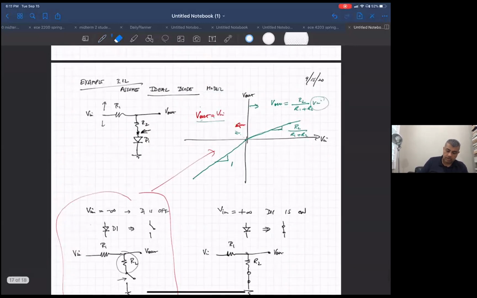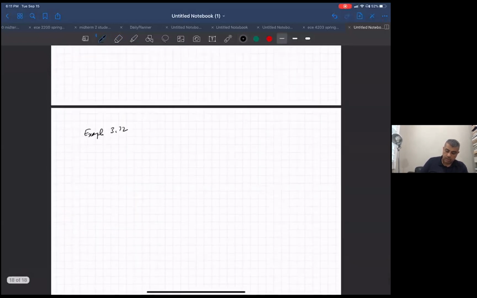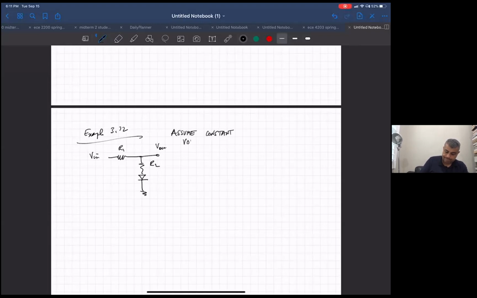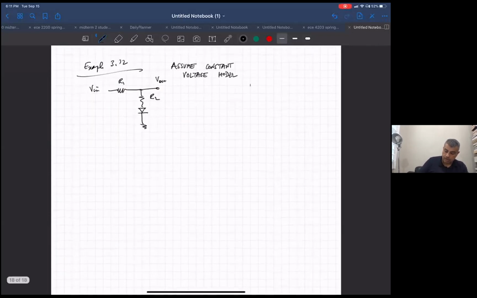Again, here we solved this with the ideal diode model, and now we're going to solve the same circuit with the constant voltage model, and then redraw V out as a function of Vn.